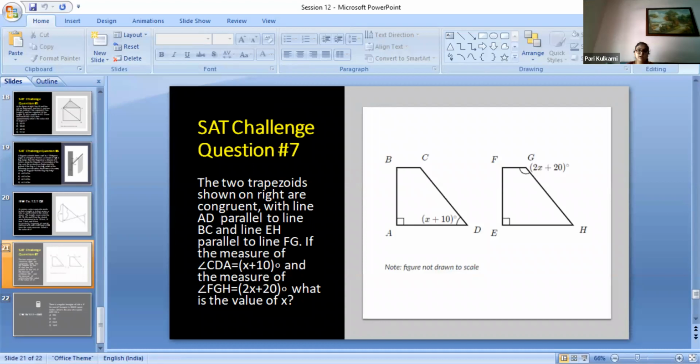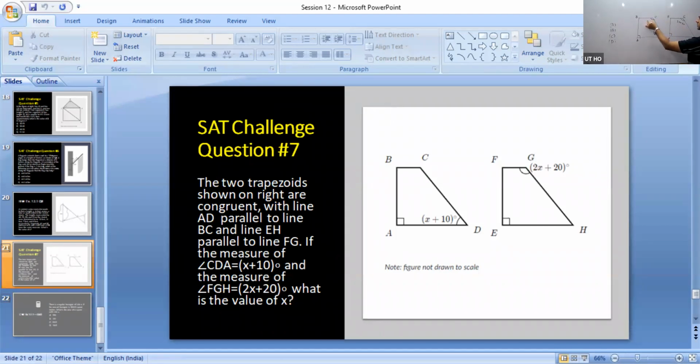Sir, I'm getting the answer as 50. Yes. Just 50. This is x plus 20. Because they are similar, congruent, this angle will be equal to this angle.